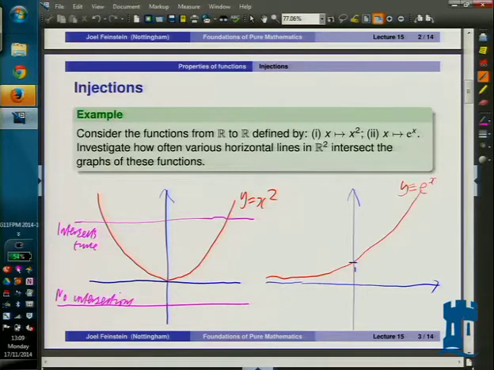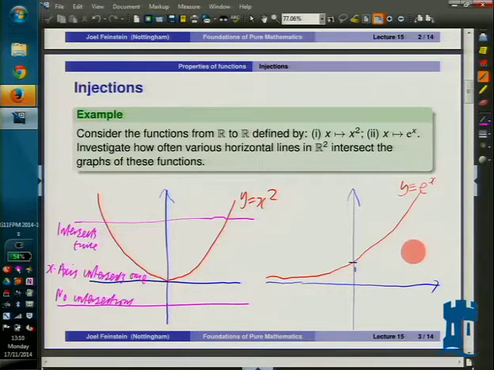And the axis intersects the curve exactly once. That's the x-axis. Okay? So we've got some lines meeting it no times, some meeting the curve once, and some lines meeting the curve twice.